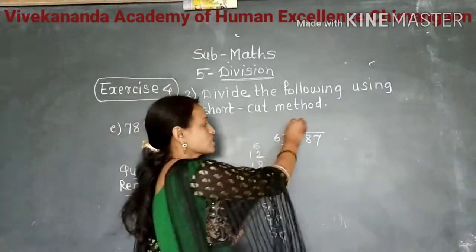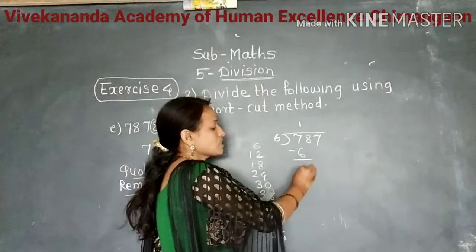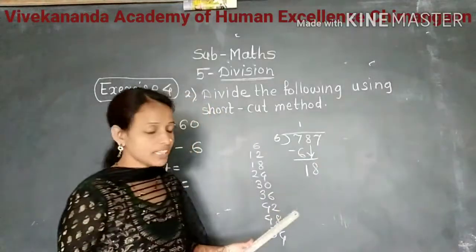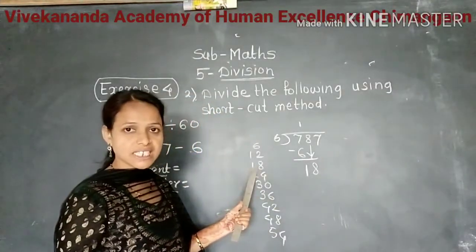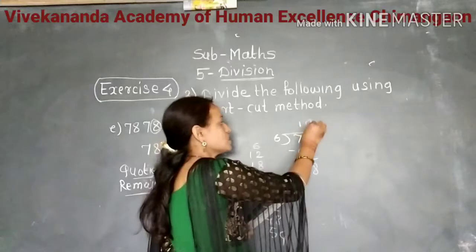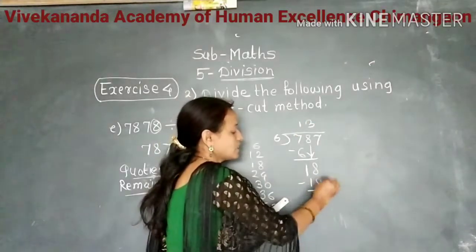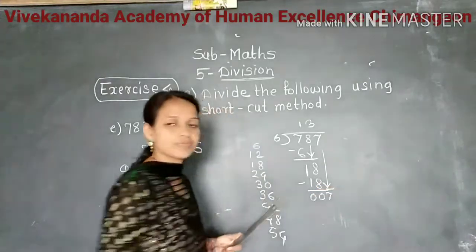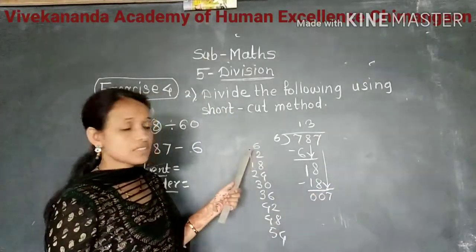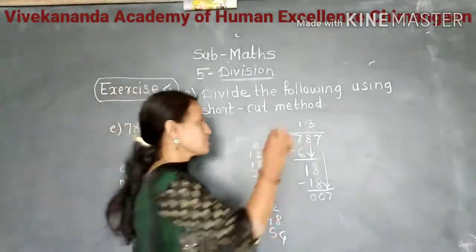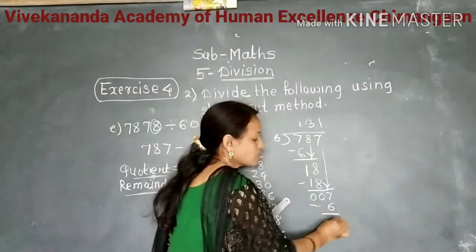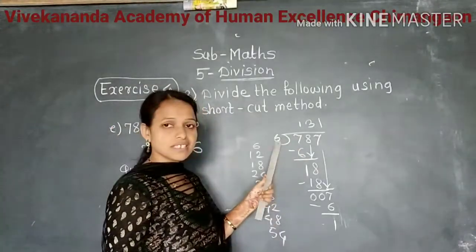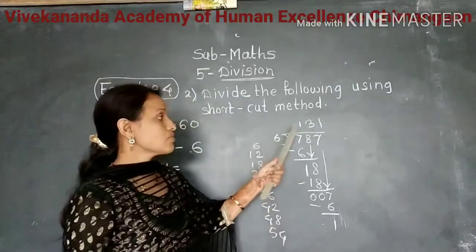The quotient digit will be 1. 7 minus 6 is 1. The next digit is 8, we take it down: 18. 18 is a multiple of 6. 6 threes are 18, so the quotient digit will be 3. 18 minus 18 is 0. The next digit is 7. 7 is more than 6, 6 ones are 6. 7 minus 6 is 1. In this way, by dividing 787 by 6, we get the answer 131.